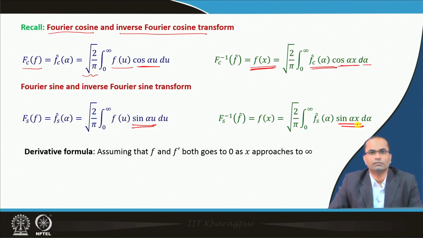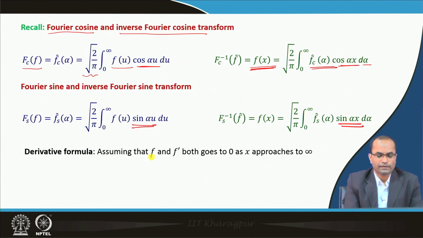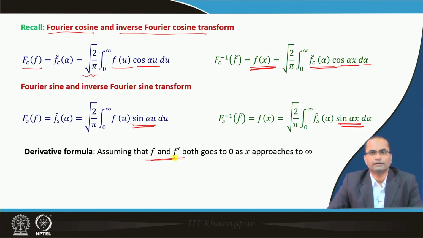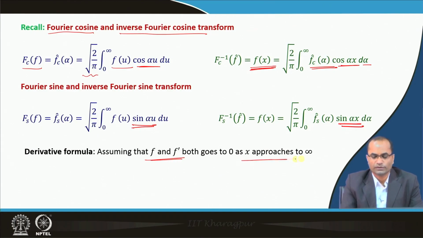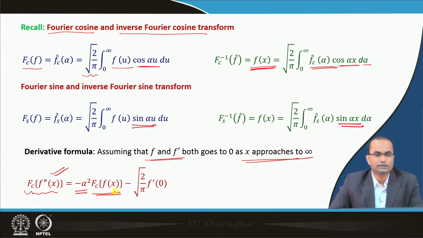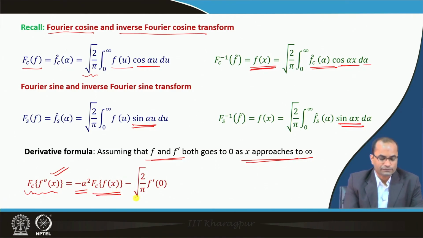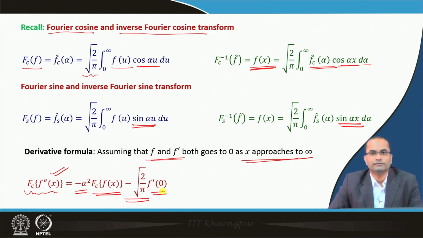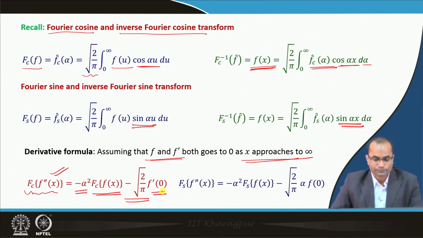In the derivative formula we have learned that if f and f prime both go to 0 as x approaches infinity, then the Fourier cosine transform of the second derivative, because most of the time we need the second derivative, is minus alpha square times the Fourier cosine transform of f(x), minus square root 2 over pi, and then the first derivative evaluated at 0.